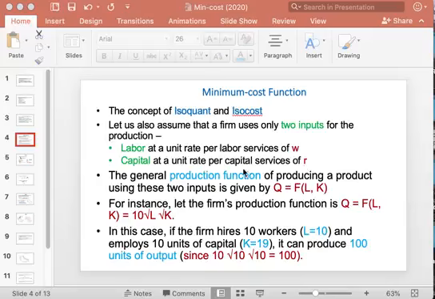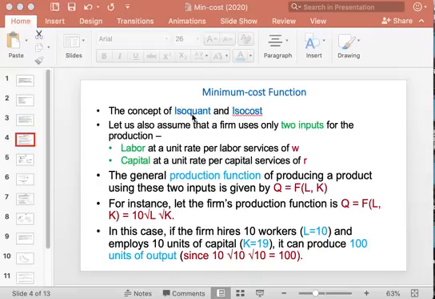Before we start using isoquant and isocost for the minimum cost function, we need to talk about what is called the production function.